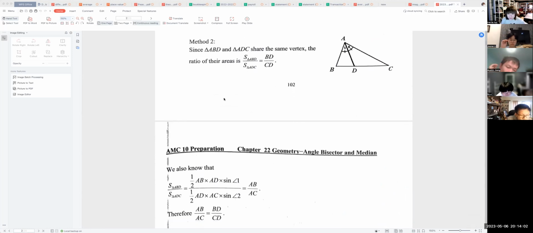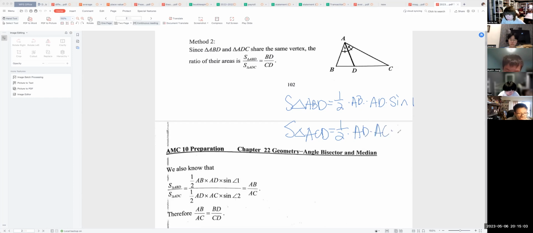Because of that, we know from trigonometry that any triangle's area can be found as the sine of the angle times the product of the two sides enclosing that angle, right? Austin should know this, it's in AP. I haven't taken pre, so let's copy down the triangle area formula. The area of triangle ABD equals half times AB times AD times sine angle 1, right? Then triangle ACD equals 1/2 times AD times AC times sine angle 2, correct, Peter?